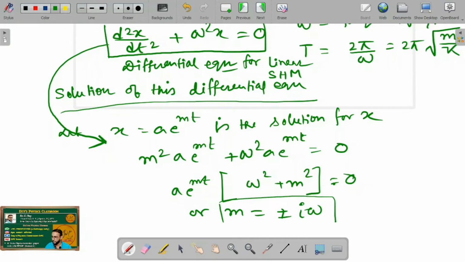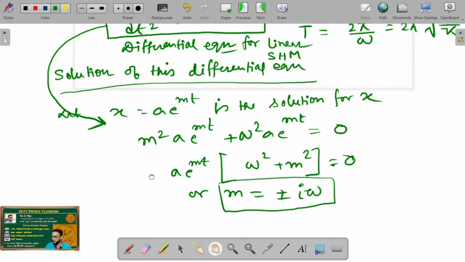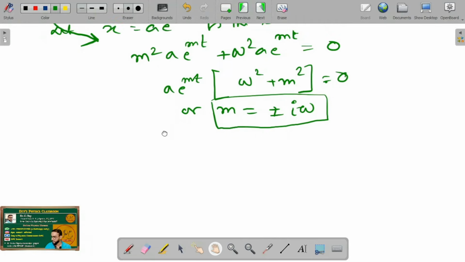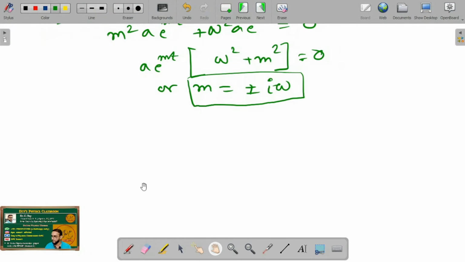So we get the value of m as plus minus i omega, where i equals root under minus 1.